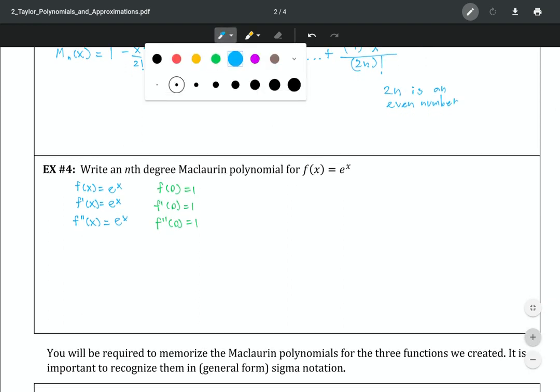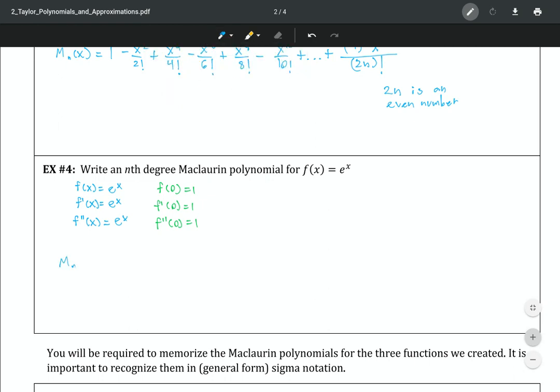All right, so for this, we have the Maclaurin polynomial to approximate e of x. The first one is 1, and then we have plus x over 1 factorial plus x squared over 2 factorial. So basically I have 0, 1, 2. That's what I'm at, okay?